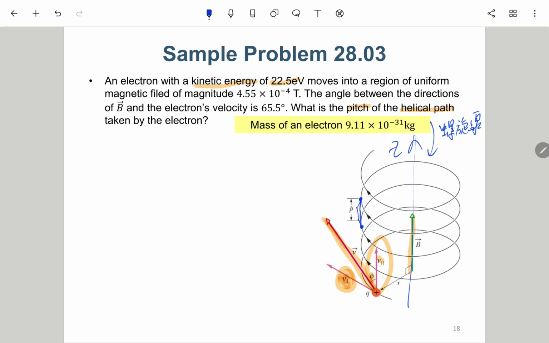So here, of course, we know the kinetic energy. First, we need to calculate the velocity, which is the square root of 2K over m.